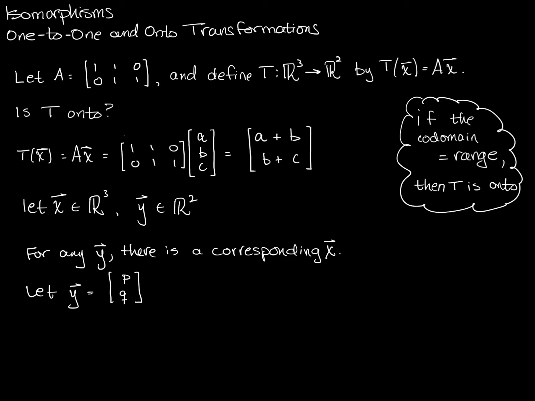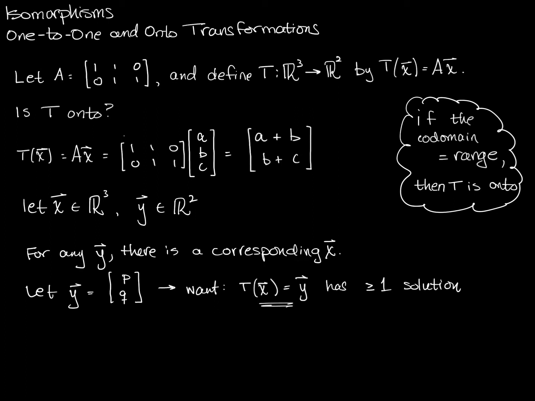And what we want is for the transformation of some X to be equal to Y. In other words, we want this thing here to have at least one solution.